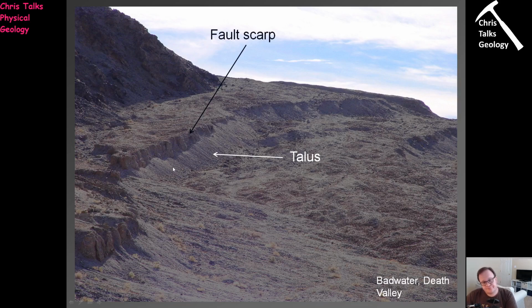Okay. You'll also notice, and this is very, very common, at the bottom of our fault scarp we have a collection of loose material which is being eroded directly off the fault scarp. This is referred to as talus. So all this loose material is talus. So once again, a fault scarp is simply the surface expression of the movement of a normal fault.